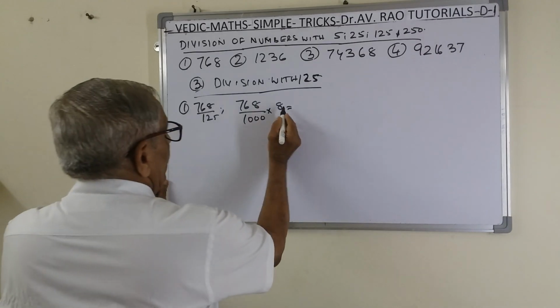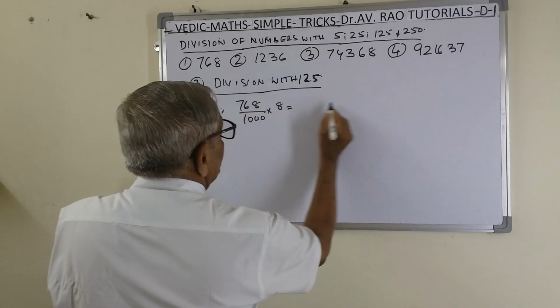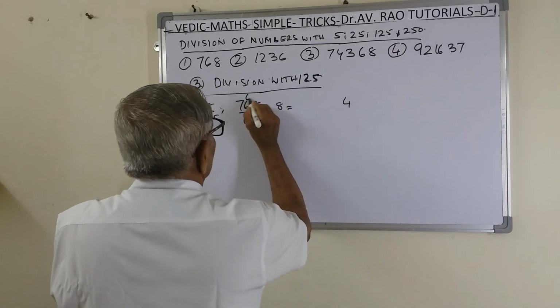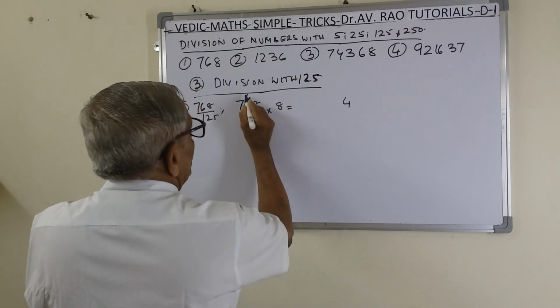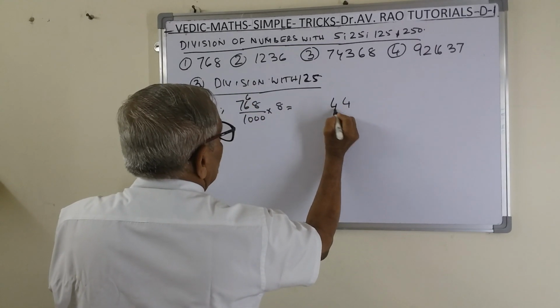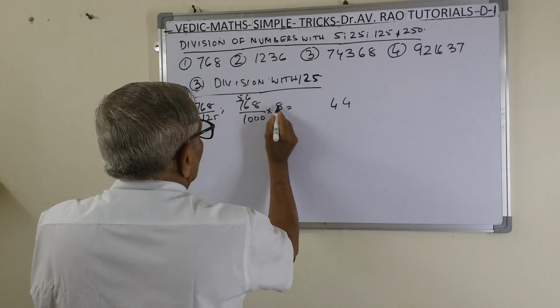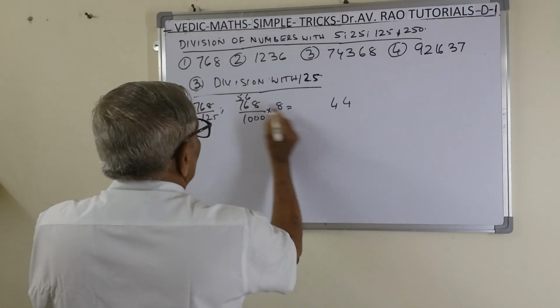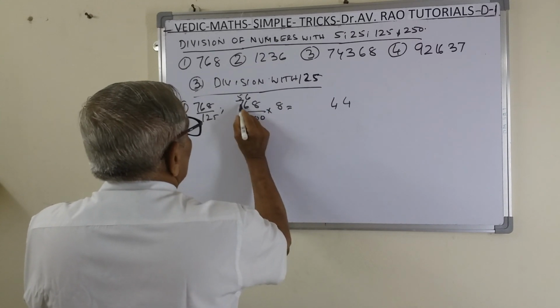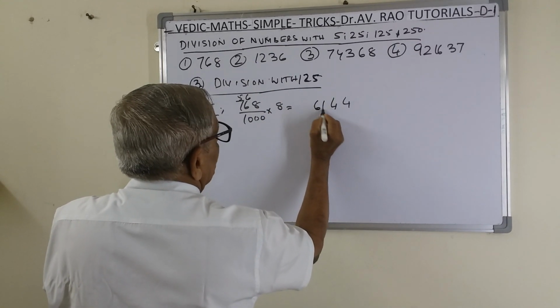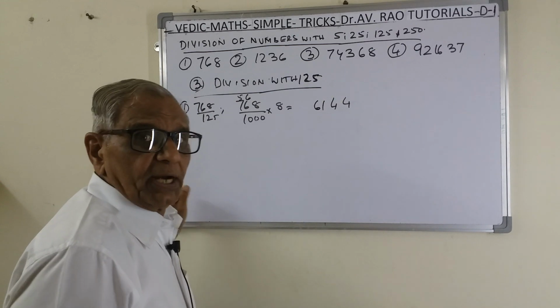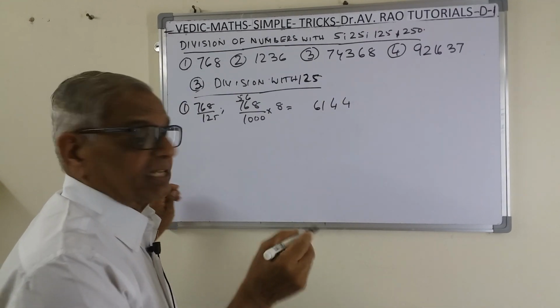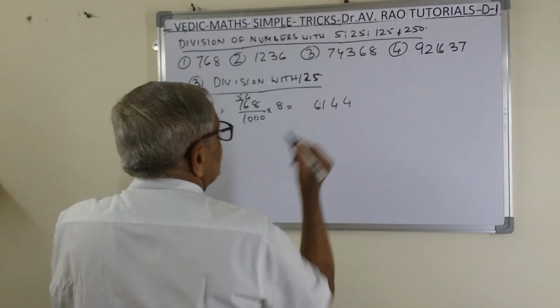So let us multiply this with 8. 8 8s are 64, 6, 8 6s are 48 plus 6 is 54, 5, 8 7s are 56 plus 5 is 61. So now put a dot after 3 decimal places from the extreme right. So now this is the answer.